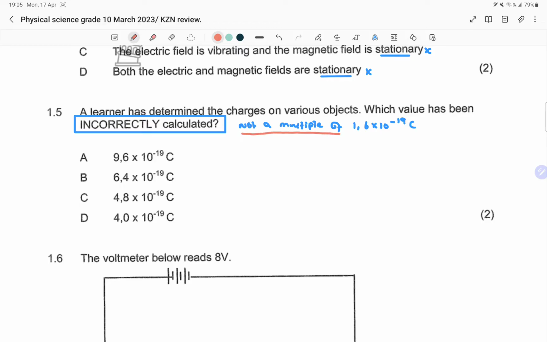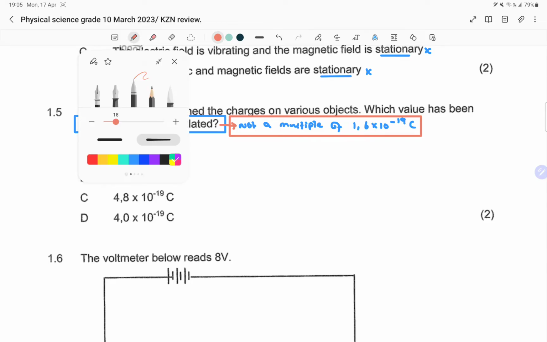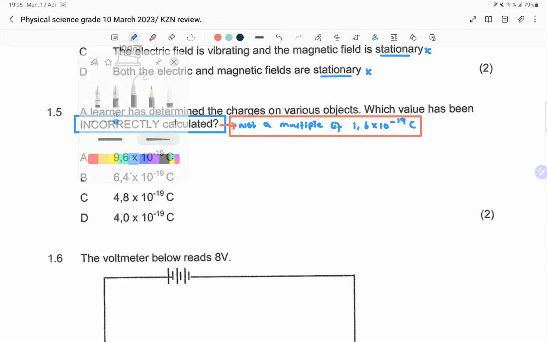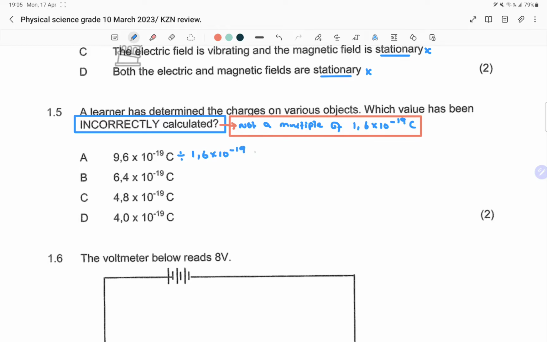So if it is not a multiple, it means it won't be able to divide our charge on an electron into a whole number. That's what is important. So let's take this one and divide by 1,6 times 10 to the minus 19 coulombs.